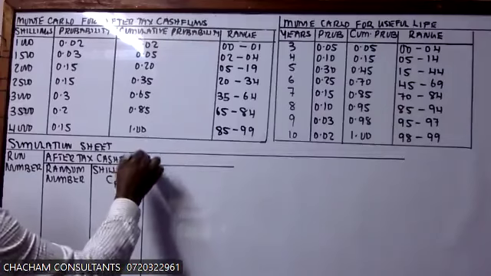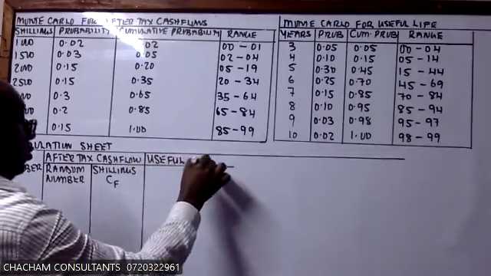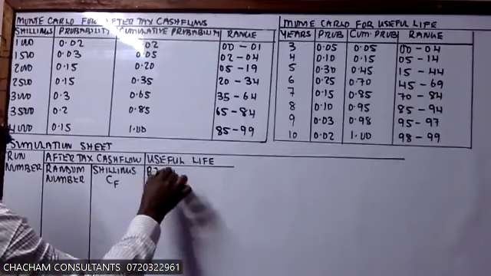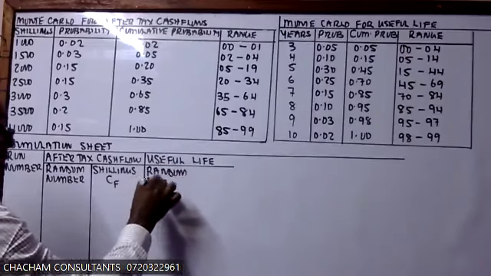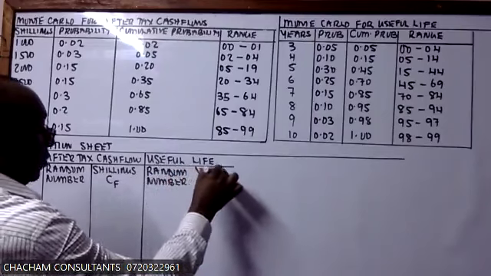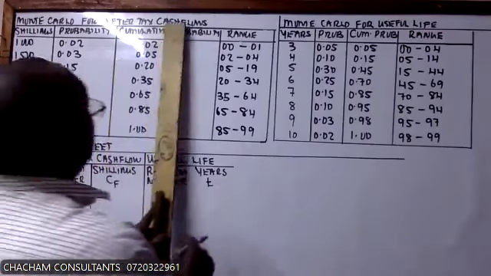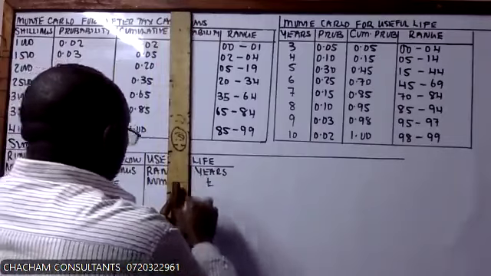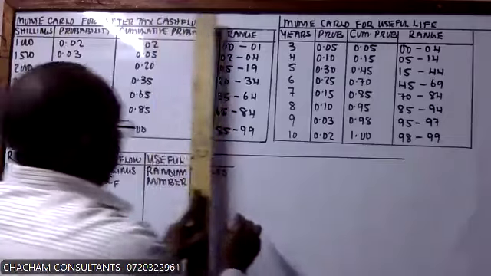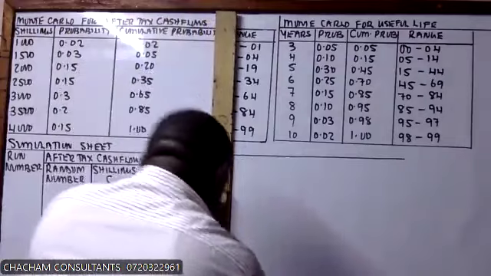Then we will have the useful life. For the useful life, once again, we will have the random number, and then we'll have the years. The years, we can call them T. Or rather, let's call them N. I think that is the language we use mostly in FM to represent the time.